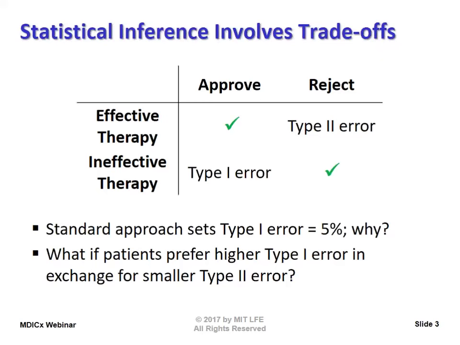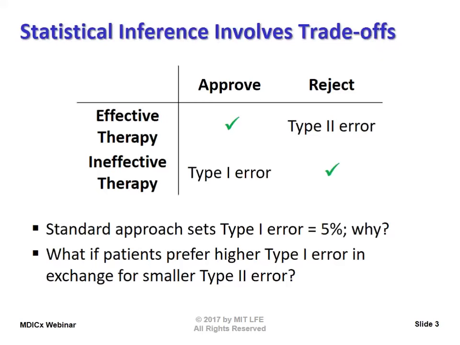For example, if I never ever want to approve an ineffective therapy, if I want the type 1 error to be zero, the answer is very simple. Reject all therapies. Now, it's not a very satisfying response for patients, but that is going to control the type 1 error to zero. Similarly, if you want the type 2 error to be zero, you can accept all therapies. And that's obviously not acceptable either.